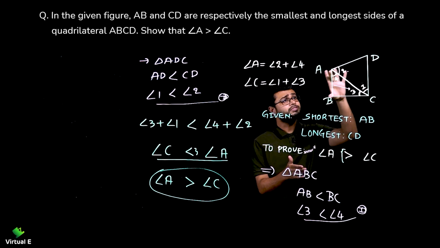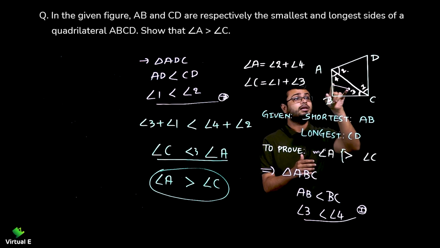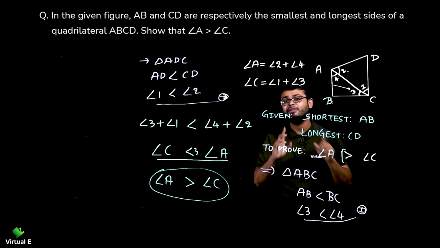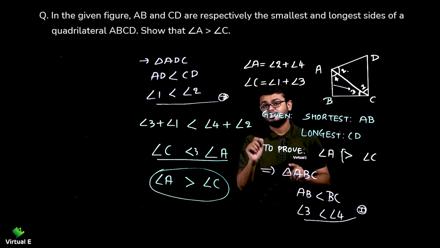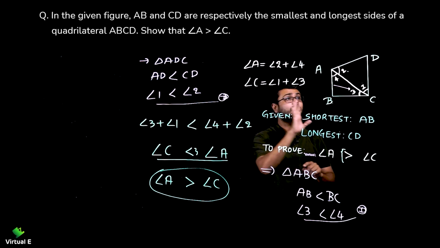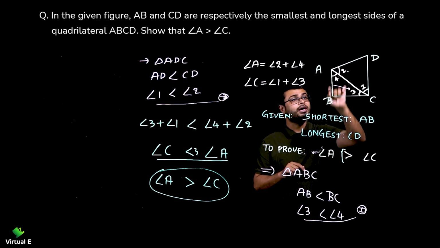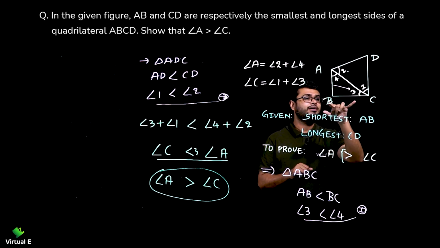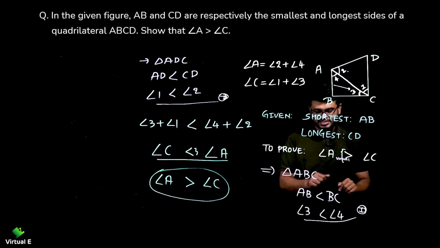So first we talk about the triangle ABC. There are two sides. Remember, do not talk about the diagonals because we don't have information related to diagonals. We are only having information about the sides. So in this triangle ABC, one side is AB, which is the shortest, and another is BC. So AB less than BC.